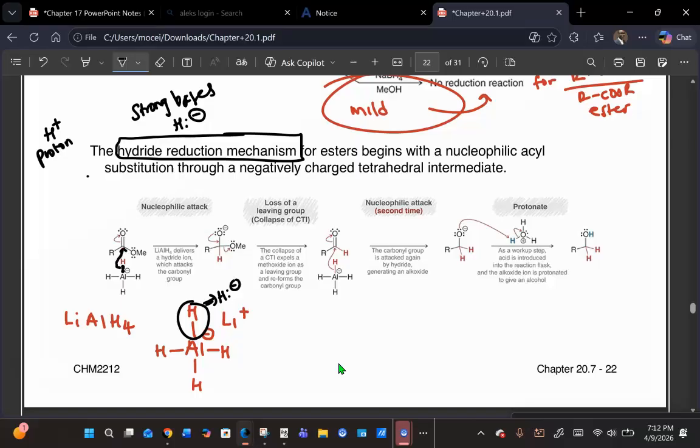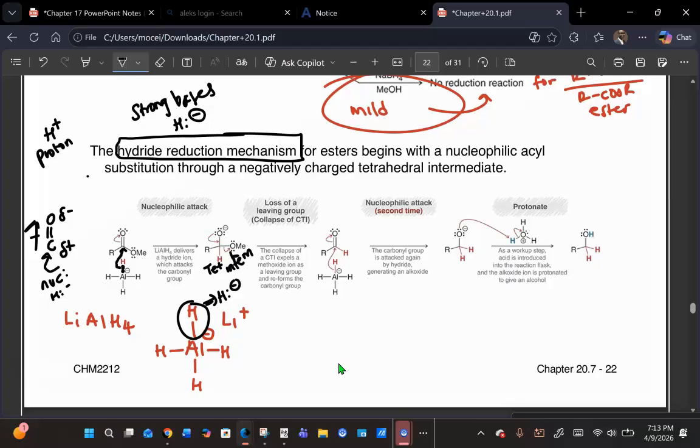So we attack the carbonyl that is partially positive. Where we started, I told you our foundation was the carbonyl is polarized. So we are always using a nucleophile attacking that carbon. Our nucleophile here is a hydride. You get a tetrahedral intermediate. I know it's charged, but there's no other one that's not charged.